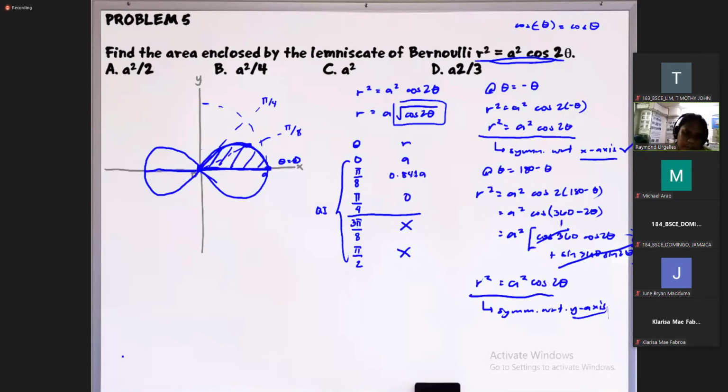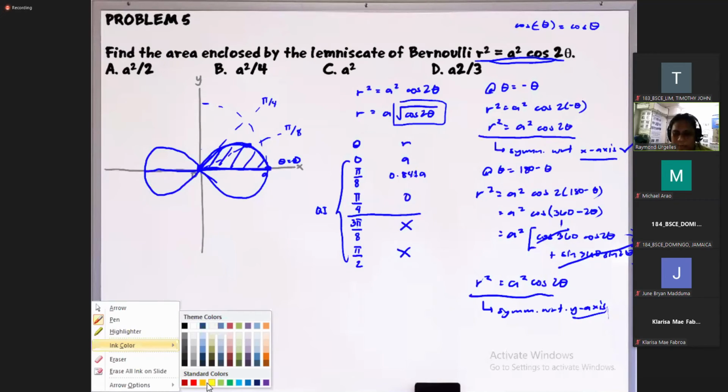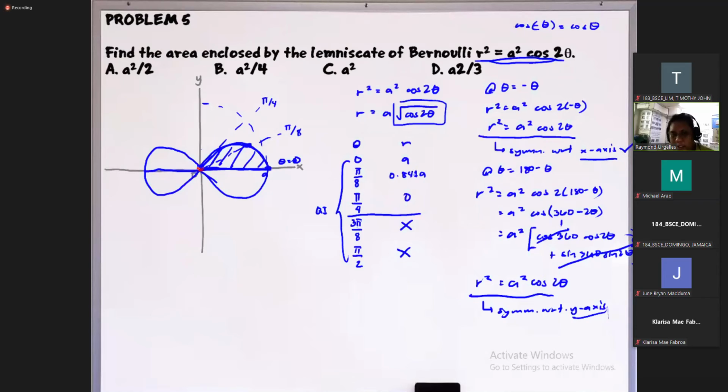Okay, nakuha ba? So again, pagdating sa mga polar curve, start kayo sa origin. Then, drawing kayo ng line palabas. So let's say we have this line and this line. Makikita natin, dito sa figure na to, this is bounded outside by the lemniscate. So ito yung lemniscate natin, this is the outside boundary.